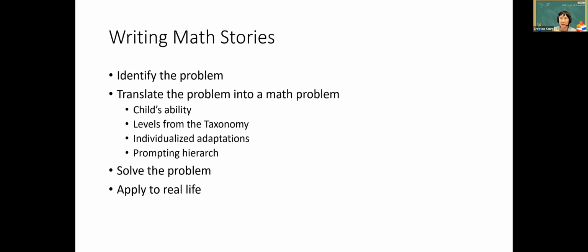Identify a functional problem around them, and then ask them to translate that into a math problem, so they can draw, like, oh, I see 4 apples, and then I ate 2. So how many are left? Then solve the problem and apply it to real life. I have 4, but I ate 2, so I can only give 2 to grandma.